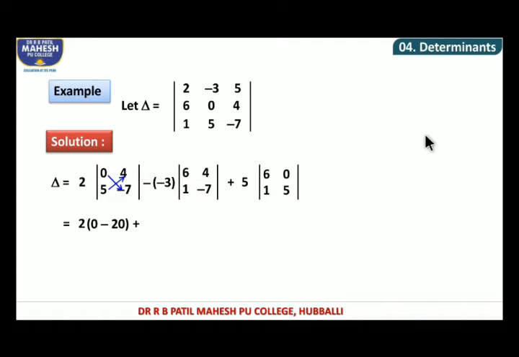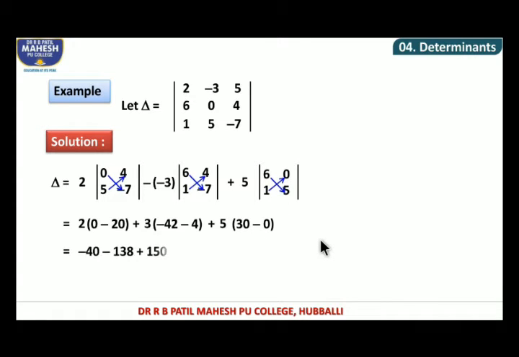Minus of minus 3 means it becomes plus 3 into the bracket of 6 into minus 7, that is minus 42, minus 1 into 4 is 4. So we have minus 42 minus 4. Plus 5 into the bracket of 6 into 5 is 30, minus 1 into 0 is 0. So 30 minus 0.